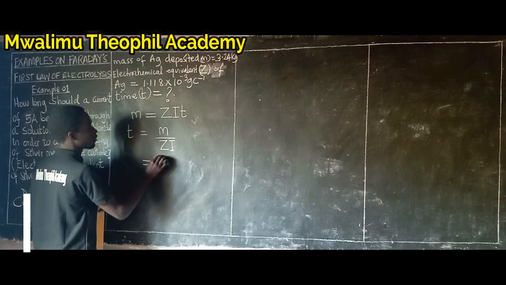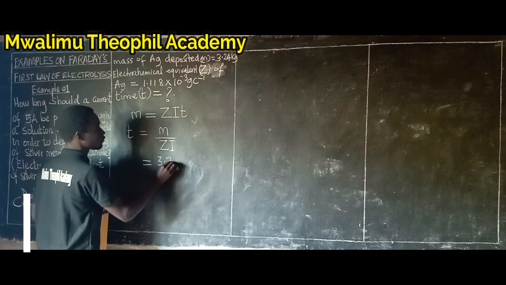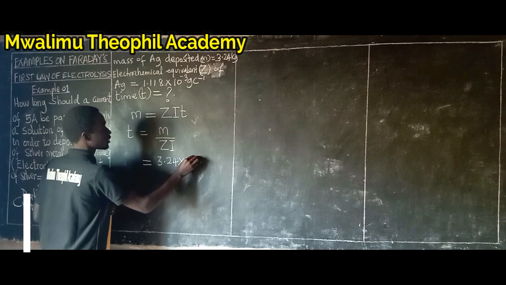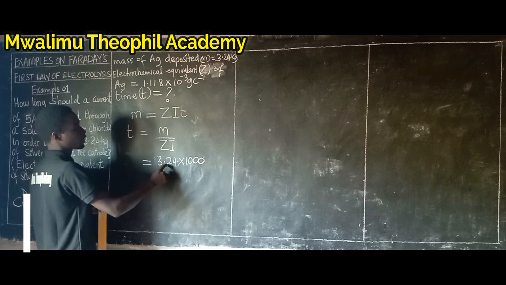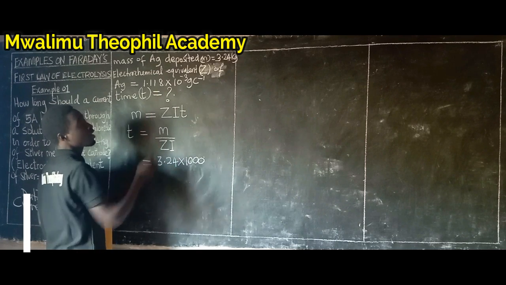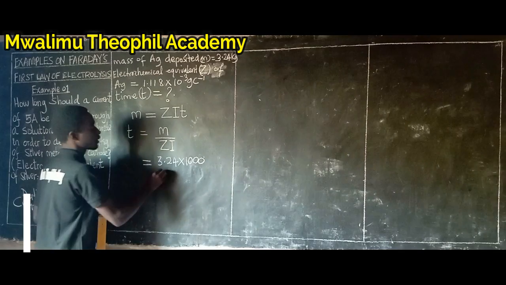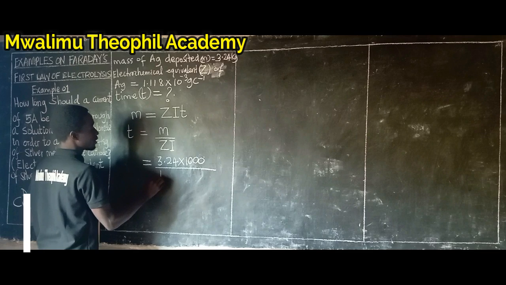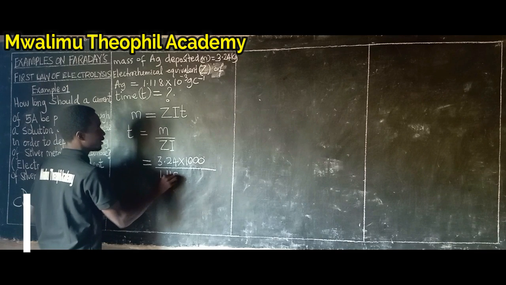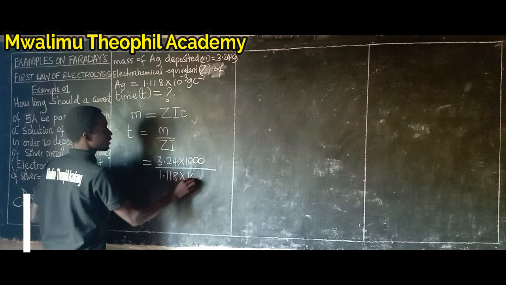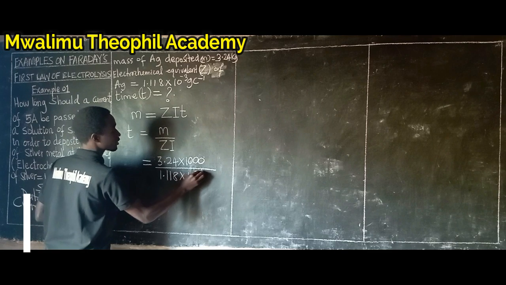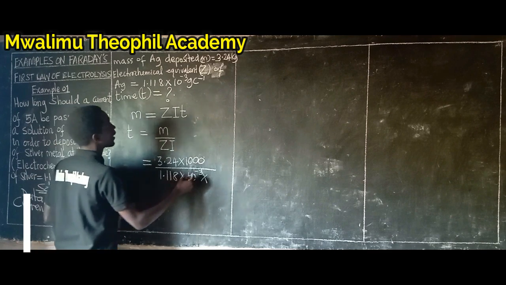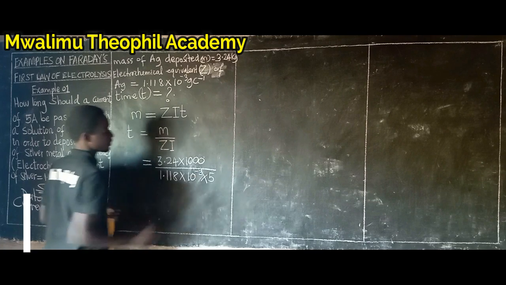In terms of mass, we put 3.24 times 1000. When we multiply by 1000, we change the kilogram into gram. Here, let us divide by the electrochemical equivalent, 1.118 times 10 raised to negative 3, times electric current, which is 5 ampere.